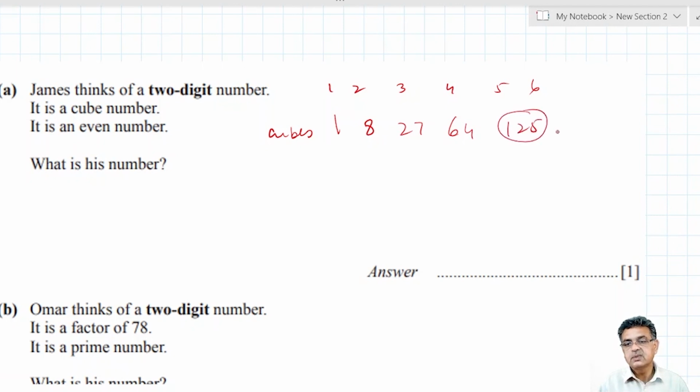So this is not a two-digit number. So the possible two-digit numbers which are cubes are these two. Now our possible answer is from 27 and 64. Further, he says that it is an even number. So out of these two, this is the even number. So the answer is 64.